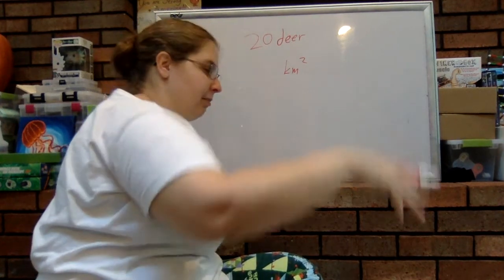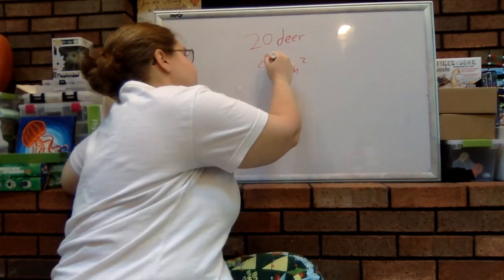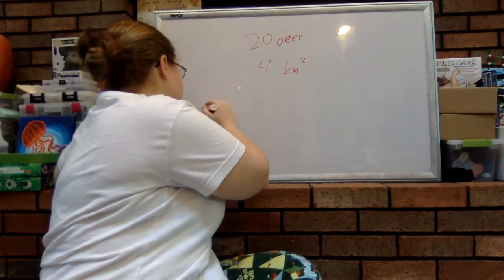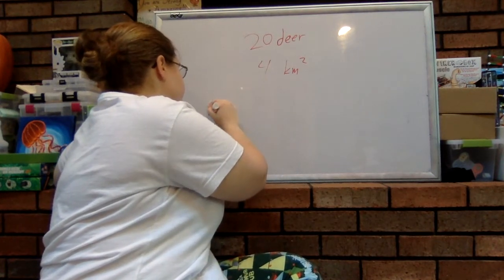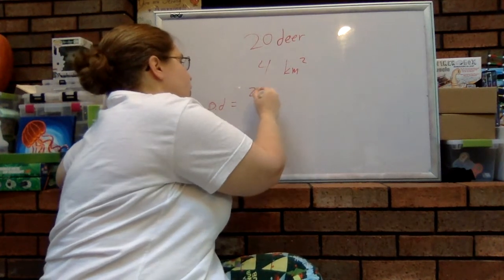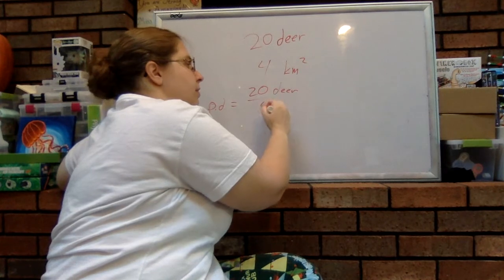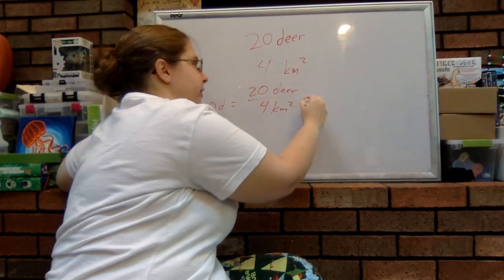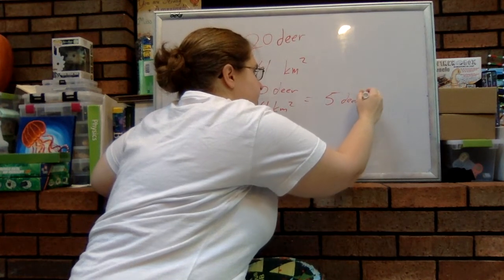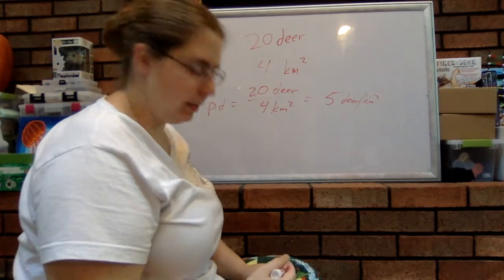Anyway, let's say 20 deer in an area that is 4 kilometers squared. So we solve that. The population density is 20 deer per 4 kilometers squared, which equals 5 deer per kilometer squared. There we go.